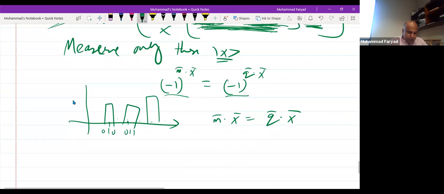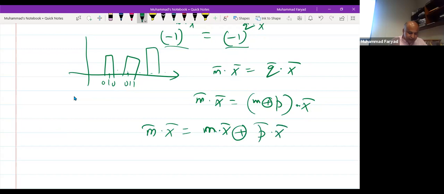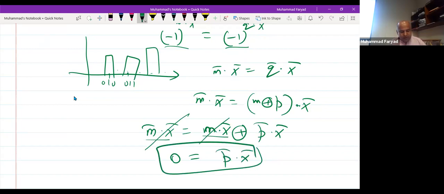So where this q is m XOR p, if I distribute this product over m and p, because this is nothing but plus, I get m dot x plus p dot x. But this m dot x can be cancelled from both sides, so 0 is equal to p dot x. So it means I will observe only those states at the output which have the dot product with p equal to 0.